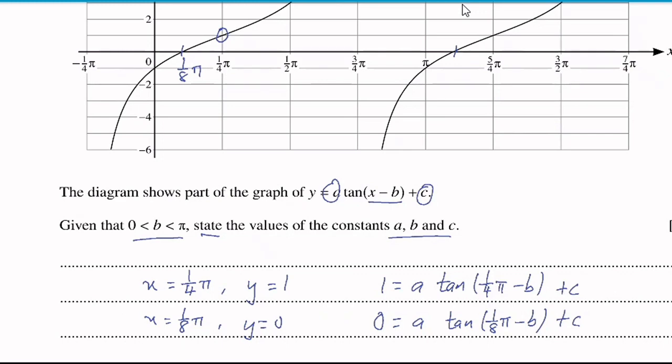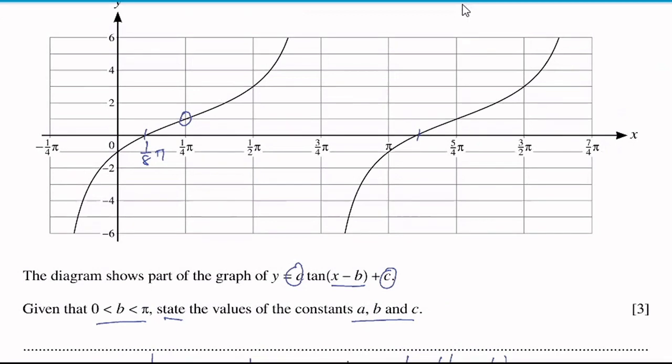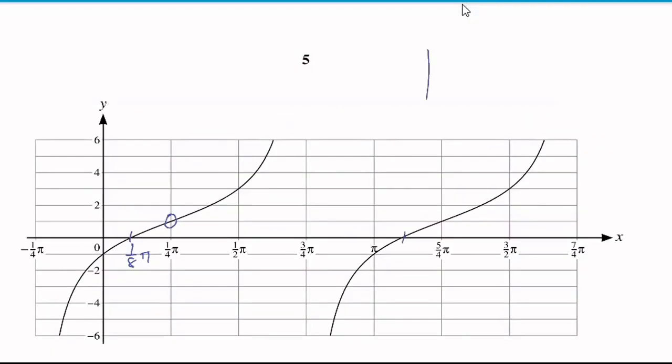What we can do is look at where the graph is symmetrical, because the tangent graph should be symmetrical about a certain point. We just have to see which point gives us that symmetry.